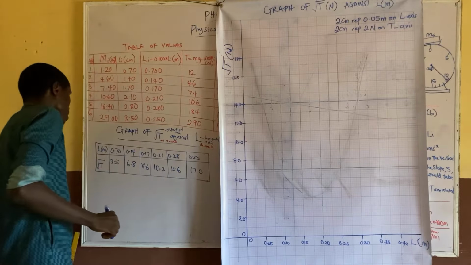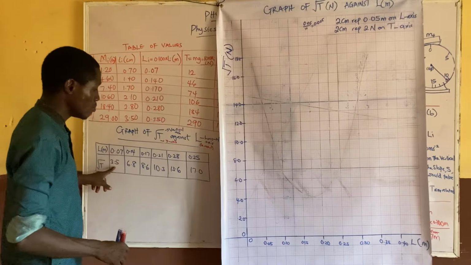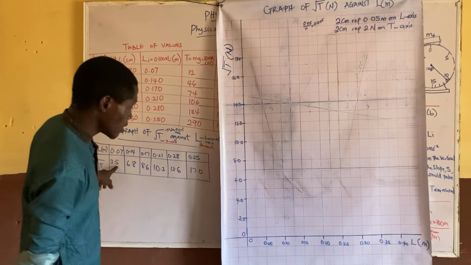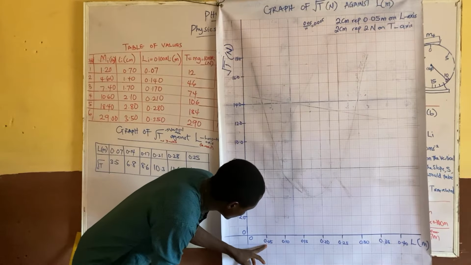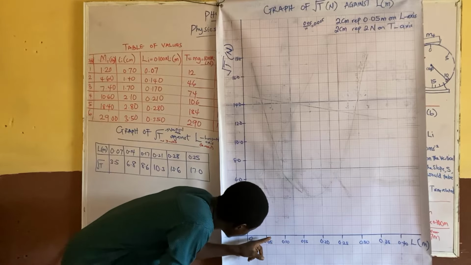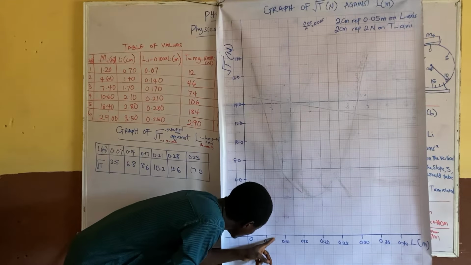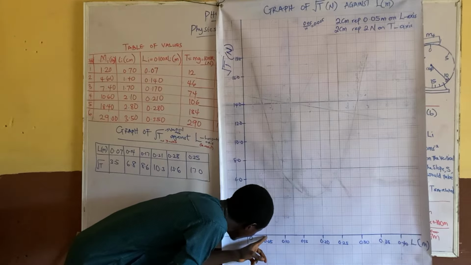Now let's start plotting our graph. Let's start locating our points. 0.07 against 3.5. Where will 0.07 be? This is 0.05. This is 0.06. This is 0.07.